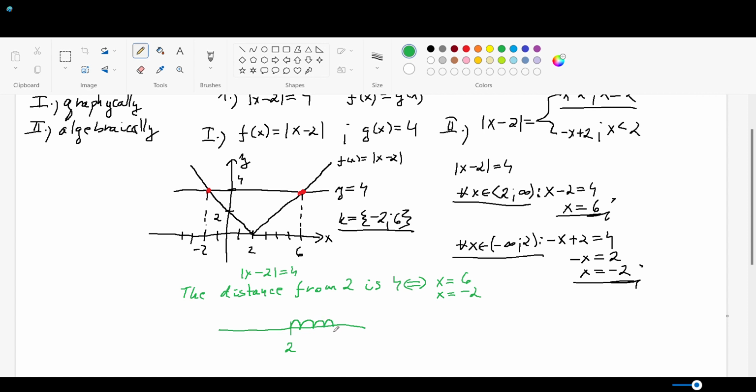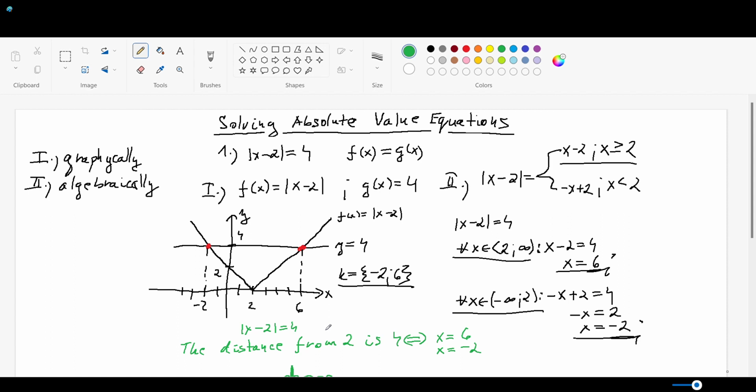So 1, 2, 3, 4, and you come to number 6, and the same way to the left, 1, 2, 3, 4, and as here is number 0, you will come to negative 2. So again, you travel from number 2 four units to the right or four units to the left, because the distance must be equal to 4. And if you do so, you will find the solution of this very easy absolute value equation.